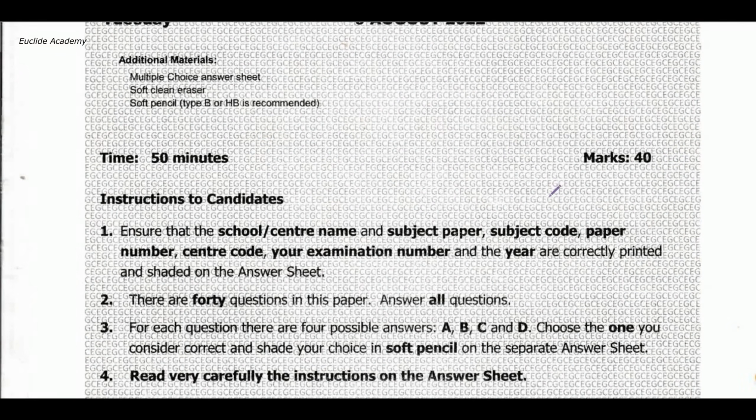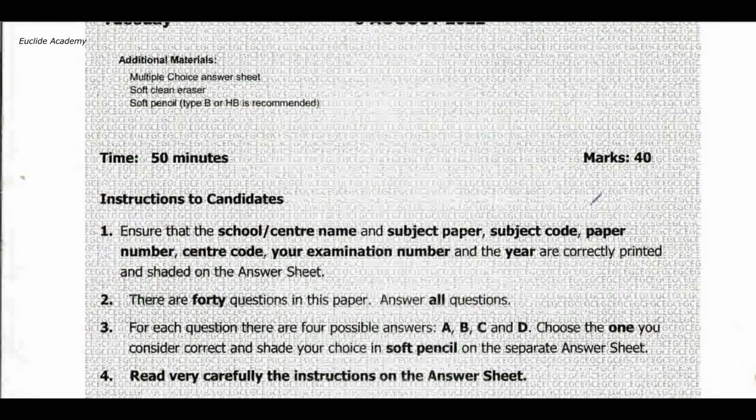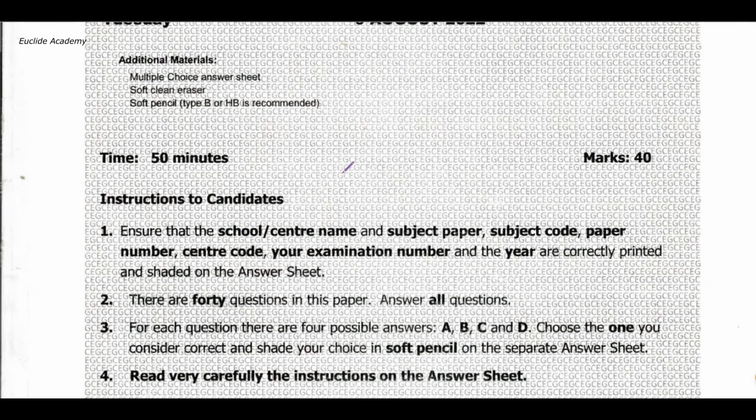Roughly you have about 1 minute, or 60 seconds, for each question. If you can do that, you'll be well within the space of doing very well, because if you can answer all the questions in 40 minutes, that means you've got 10 minutes extra, which is very important.